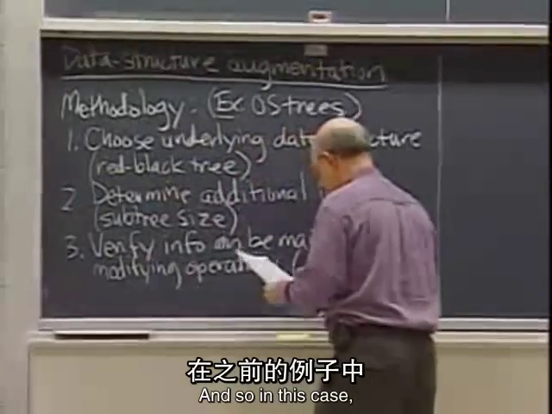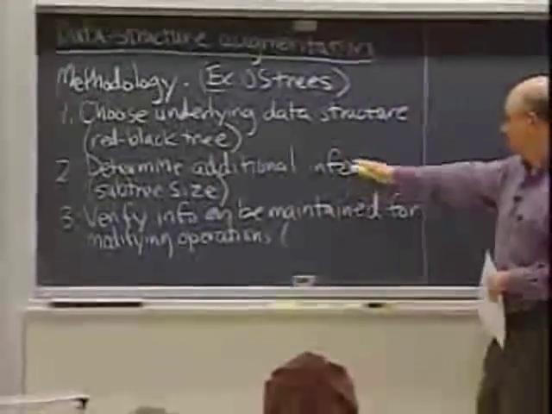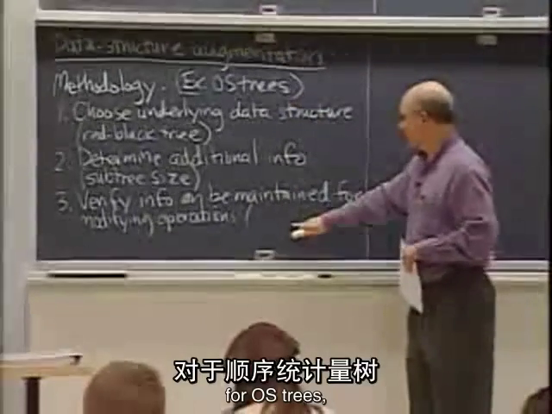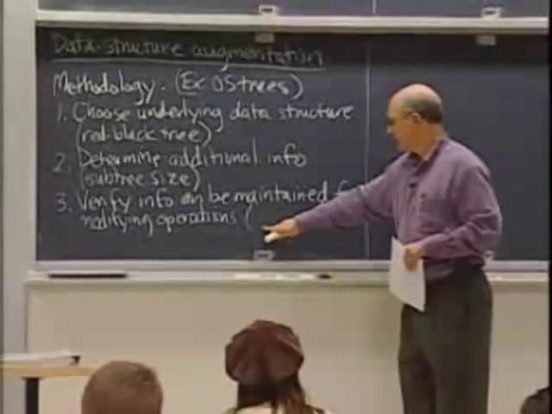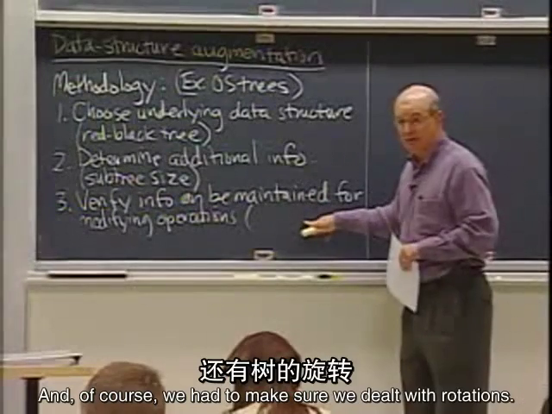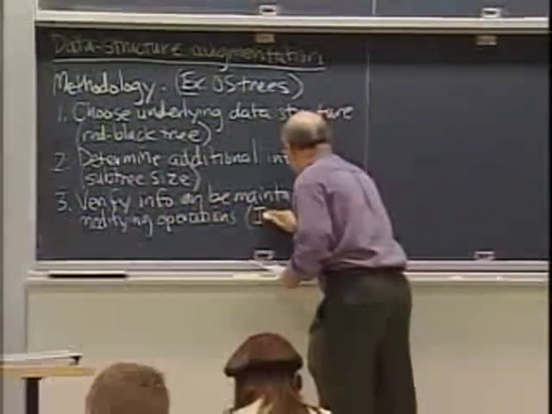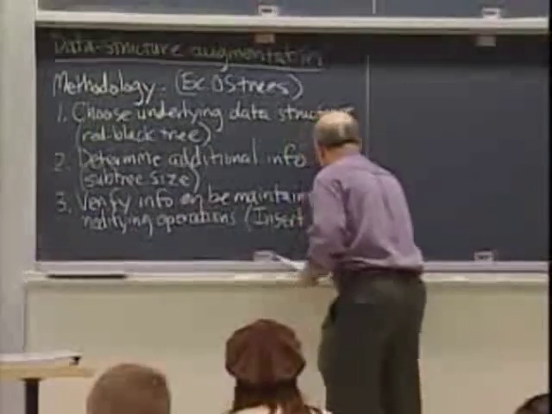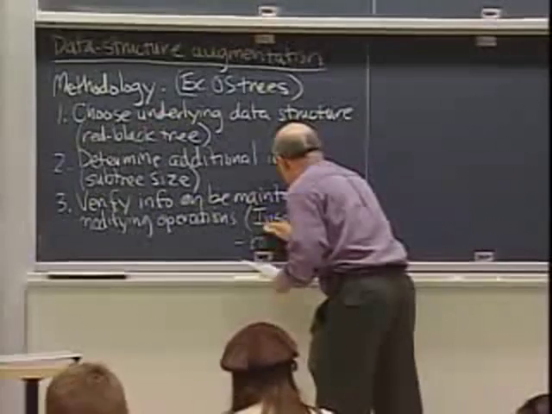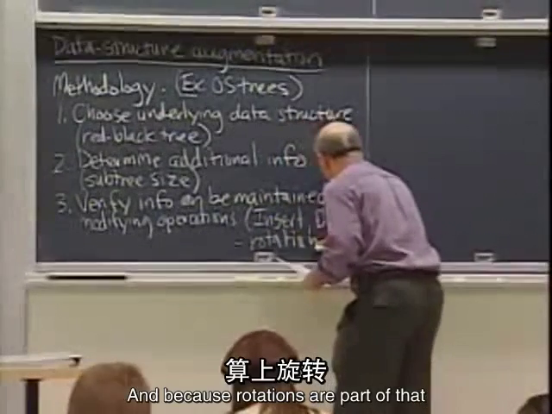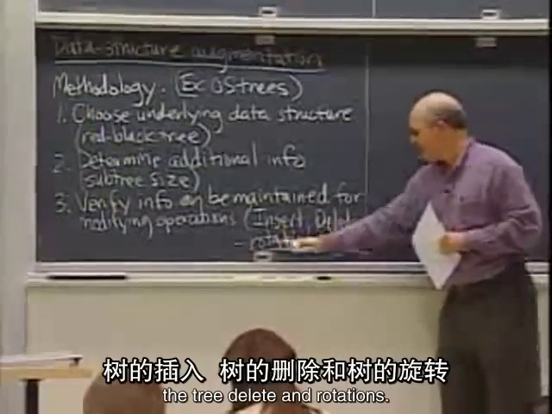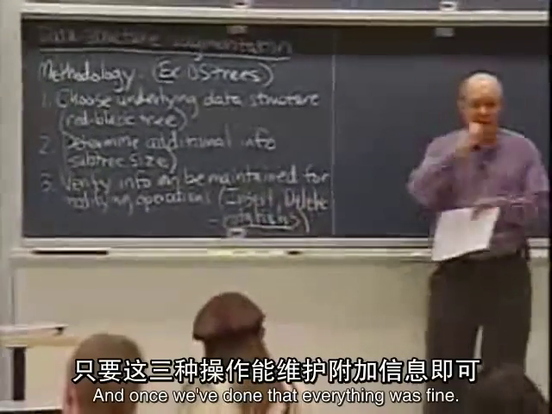In this case, for red-black trees, for OS trees, the modifying operations were insert and delete, and of course we had to make sure we dealt with rotations carefully. Because rotations are part of that, we could break it down into the tree insert, the tree delete, and rotations. And once we'd done that, everything was fine.